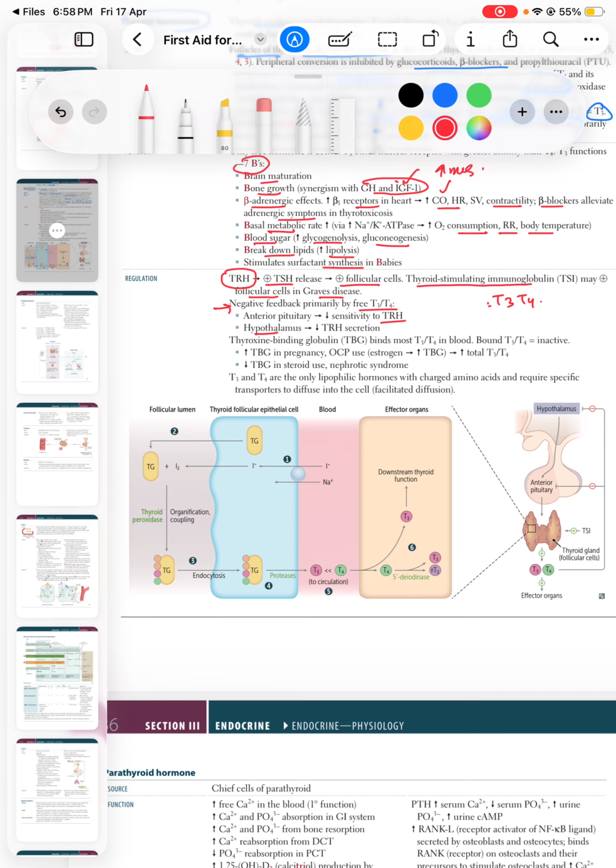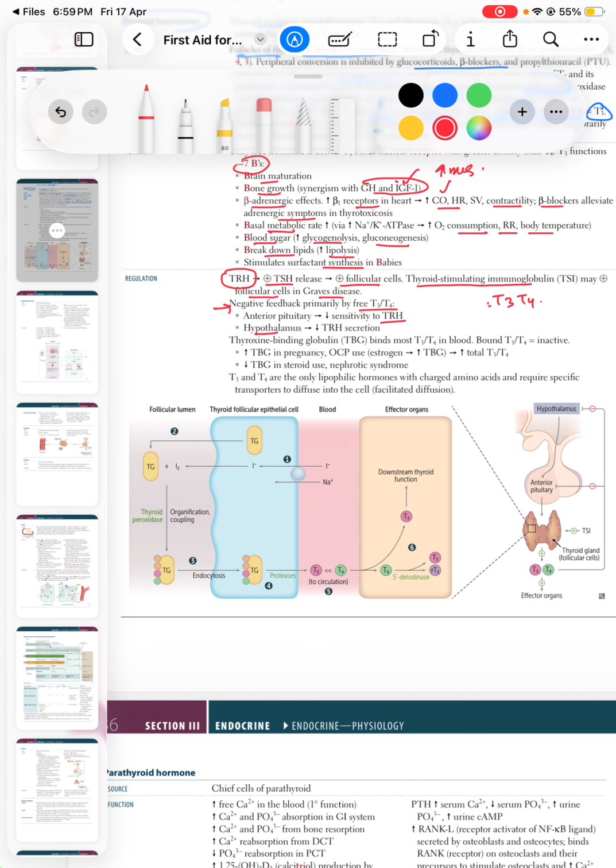T3 and T4 go to the anterior pituitary and tell it that we are enough, don't secrete more. So the anterior pituitary tells the hypothalamus that the T3 and T4 is enough in the body, don't release more TRH, so the secretion of TRH decreases. As a result, anterior pituitary secretion of TSH decreases, and as a result T3 and T4 decrease. So this is the negative feedback mechanism.